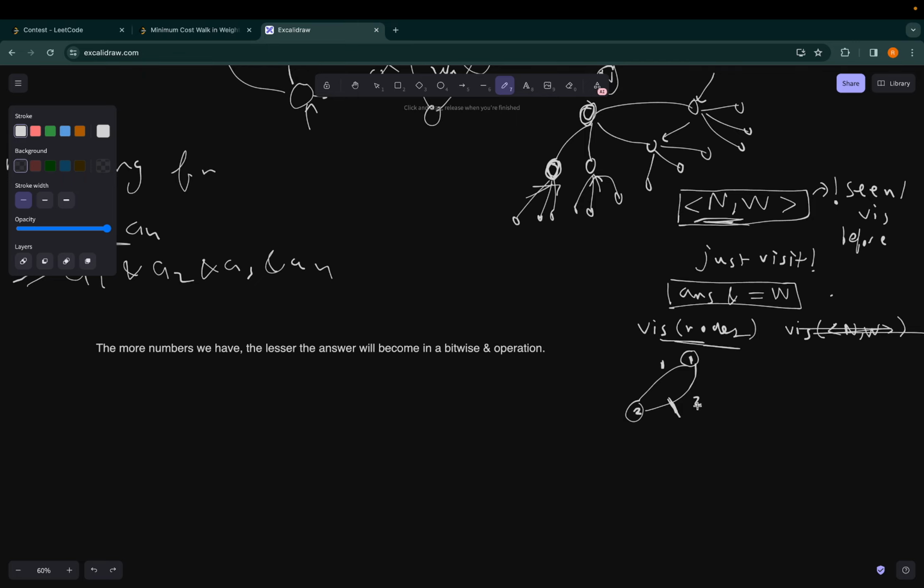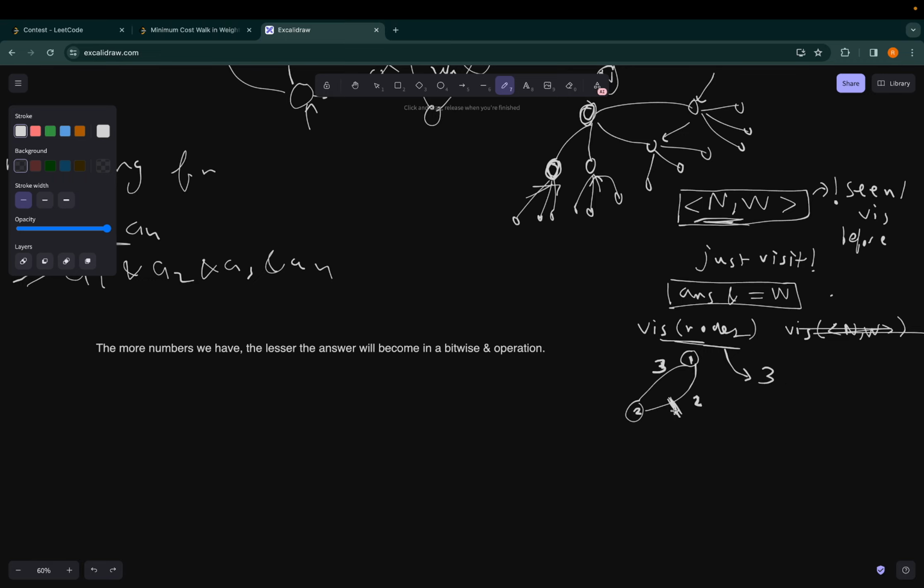But we also want to account for this edge as well, because let's say the weight was 3 over here. If you only store nodes in your visited array, then the answer would be just 3, right?